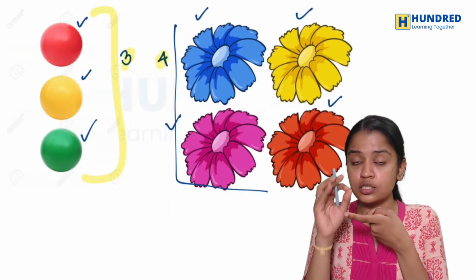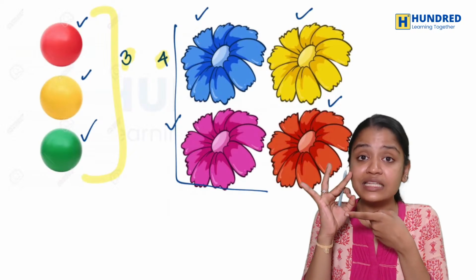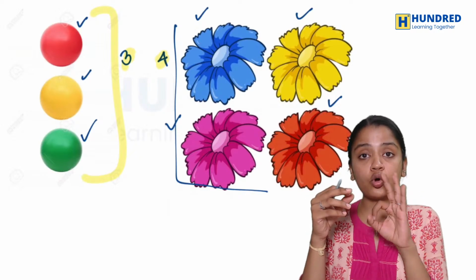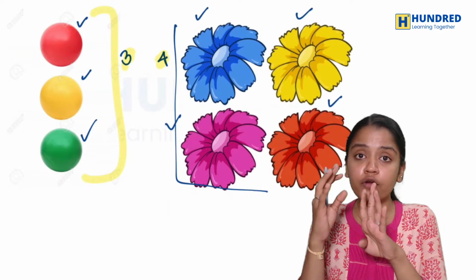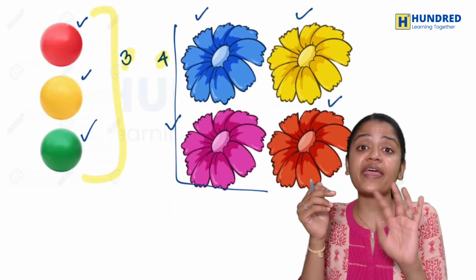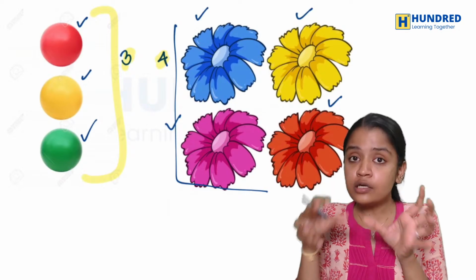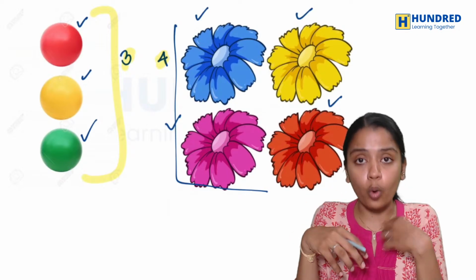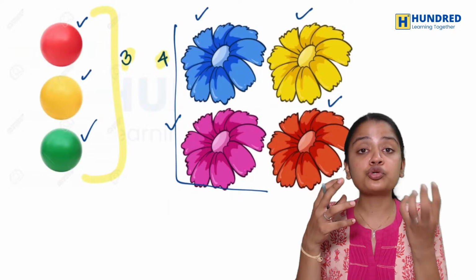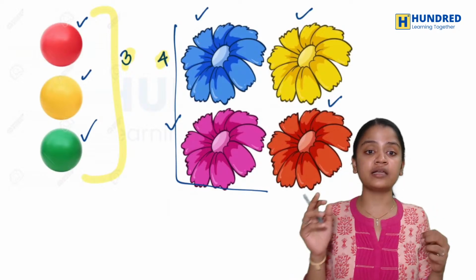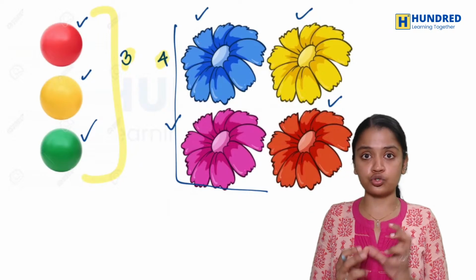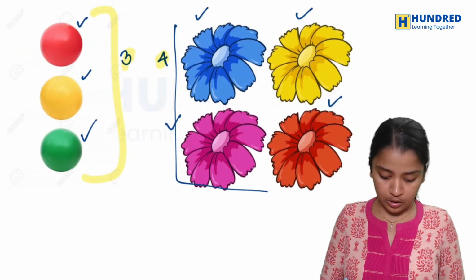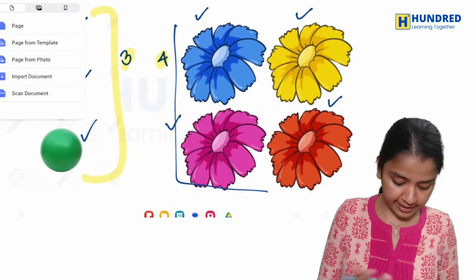One ball is selected from the 3 balls, and one flower is selected from the 4 flowers, so there are 4 ways of selecting a flower. In total, you can choose 1 ball and 1 flower in 12 different ways. So there are 12 ways to choose 1 ball and 1 flower. Let me explain with the diagram.